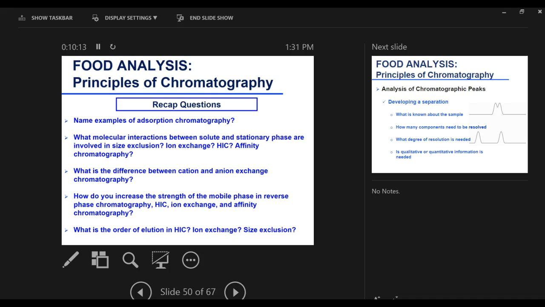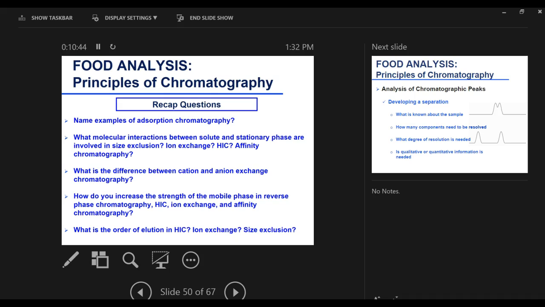In ion exchange, which ion will elute first, the one with the highest valence or the lowest valence? Lowest valence. The more charge it has, the more net charge it has, the more interaction it's going to have with the column.